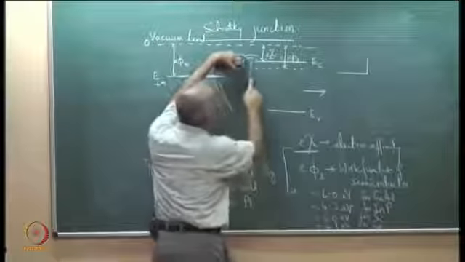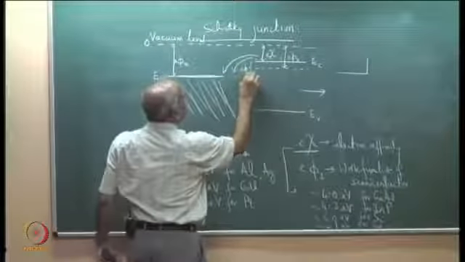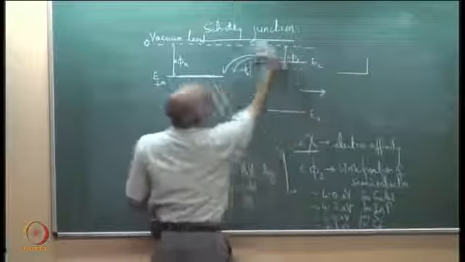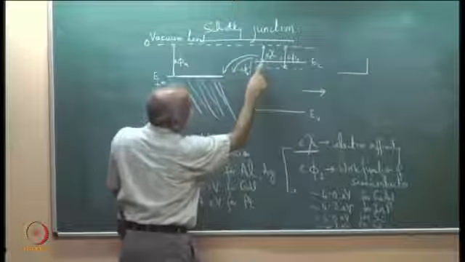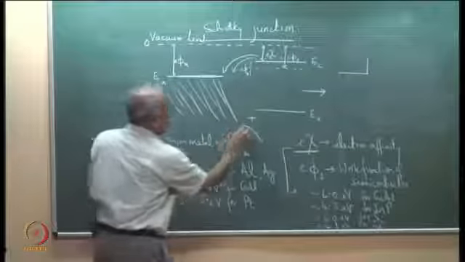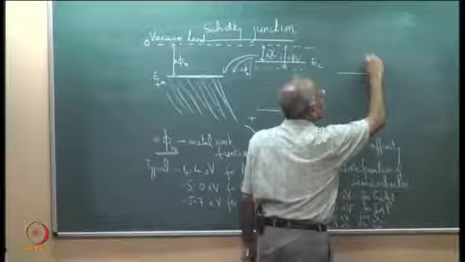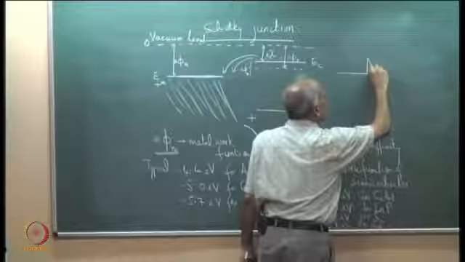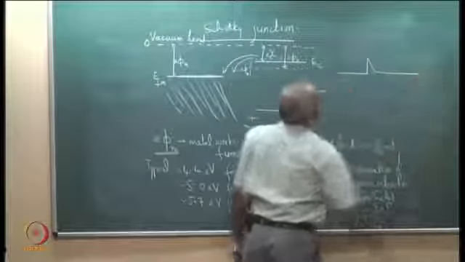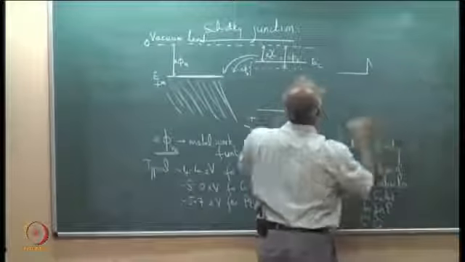This is the same as this, so this is actually E phi b. This is called the Schottky barrier. And then because this has gone down, the band starts bending. Because of migration there is a potential energy variation like this here, and therefore the band starts bending, till the two Fermi levels align.